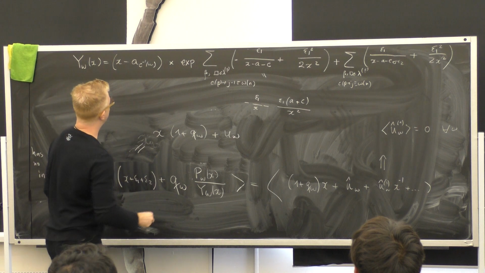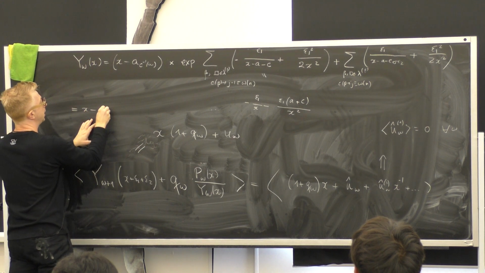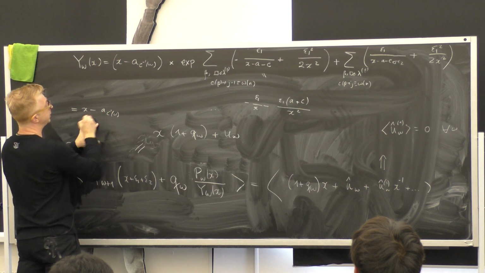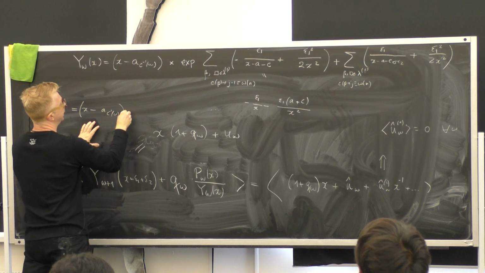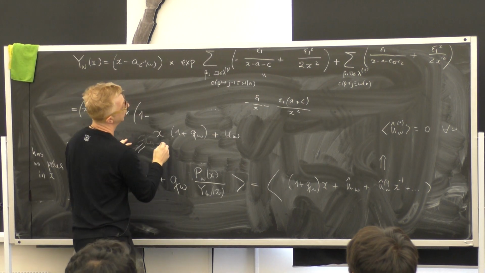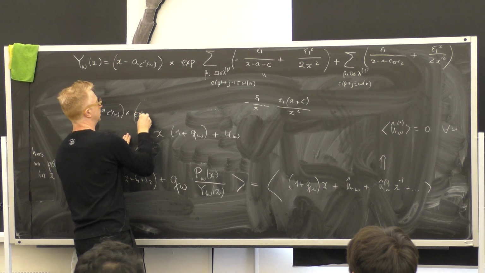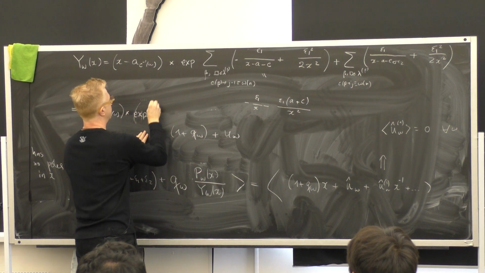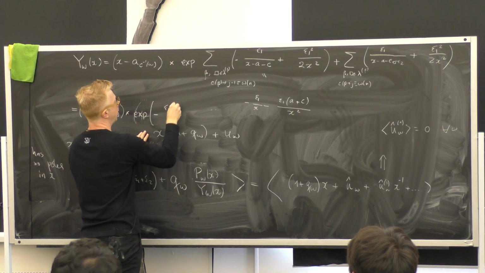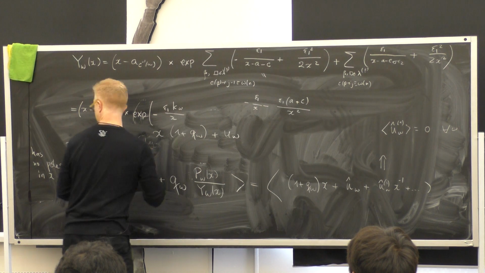So overall, we can represent this as x minus a c inverse omega times 1 minus, so it's still exponential, sorry, still write this in exponential. So it's minus epsilon 1 k omega over x.